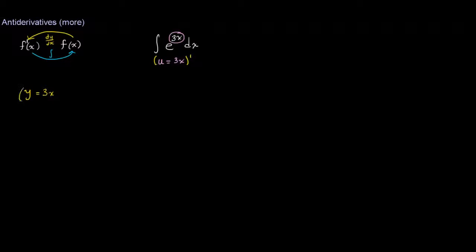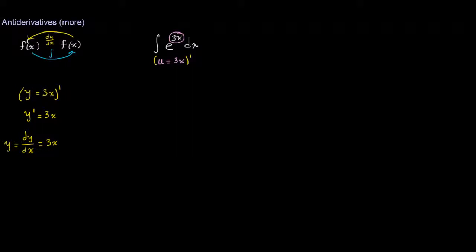You take the derivative of this expression for y, and this would be y prime. Another way to write y prime is dy over dx. y prime and dy over dx are just the same thing.